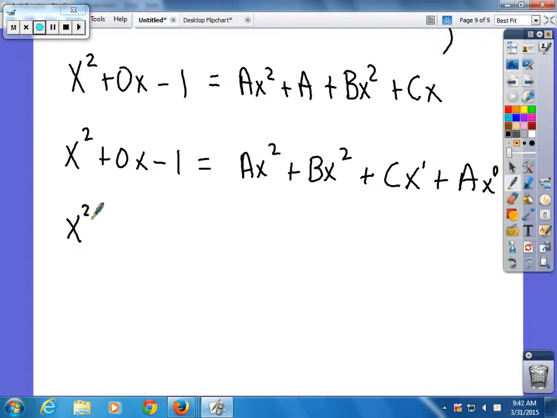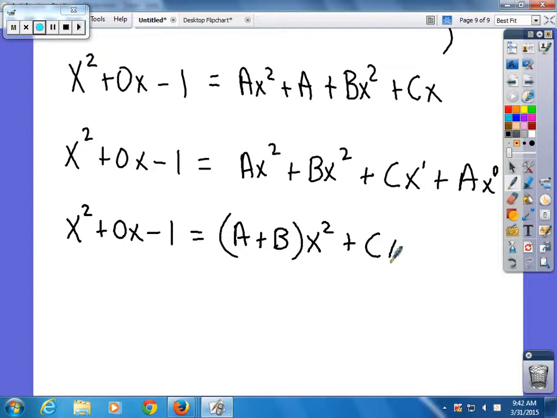So x squared plus 0x minus 1 is equal to a plus b times x squared plus cx plus a.